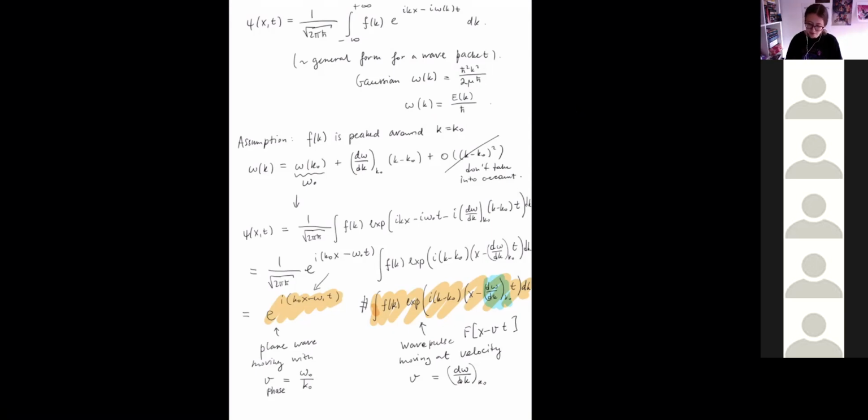The second part corresponds to the wave pulse moving along x, and it corresponds to how the wave packet as a whole moves along x. So it corresponds to the velocity of the envelope, and this is exactly the group velocity. The group velocity is usually defined as d omega by dk at the point k0.